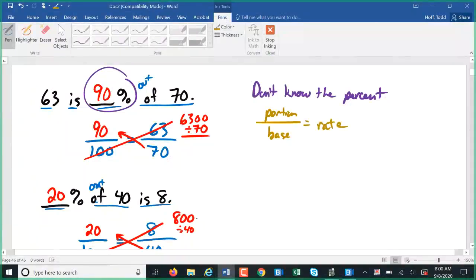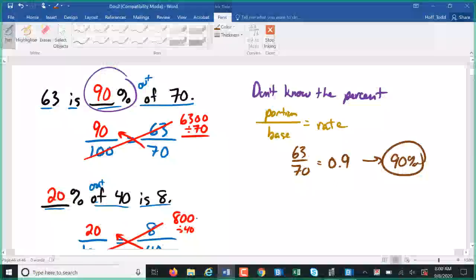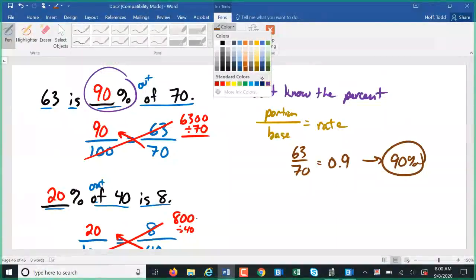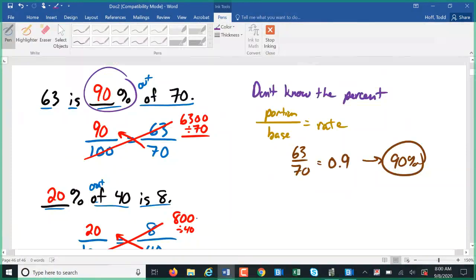So for this problem, we had a portion of 63, a base of 70, that divides to give us 0.9. Now we still have to convert that rate into a percent, moving the decimal 2 spots. That's 90%. Now you can see that's a little bit more confusing, figuring out which number is the portion, which number is the base, dividing them to get that decimal rate, and then moving the decimal point to convert it to a percent.